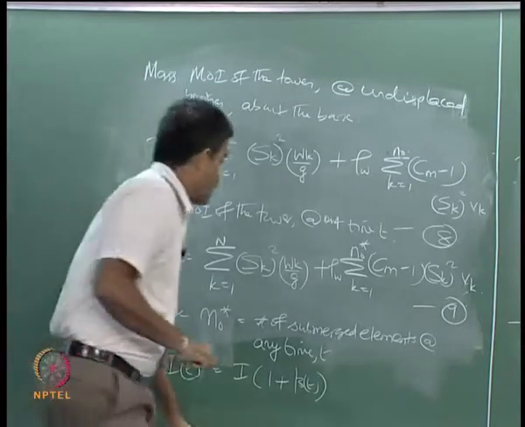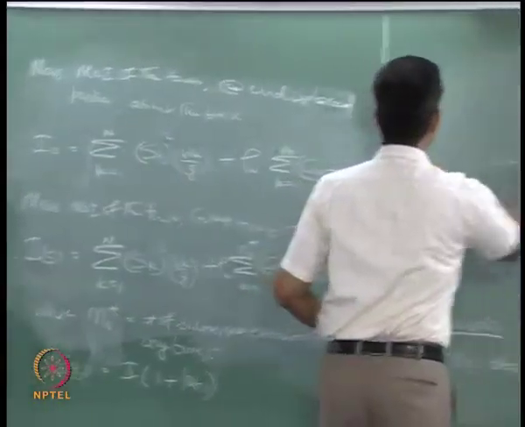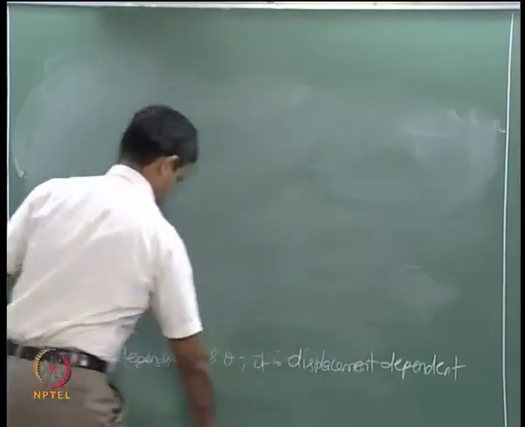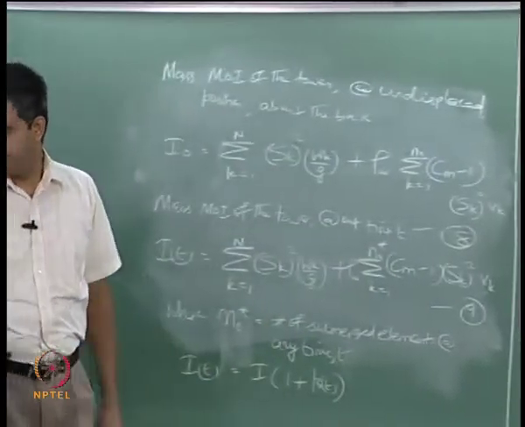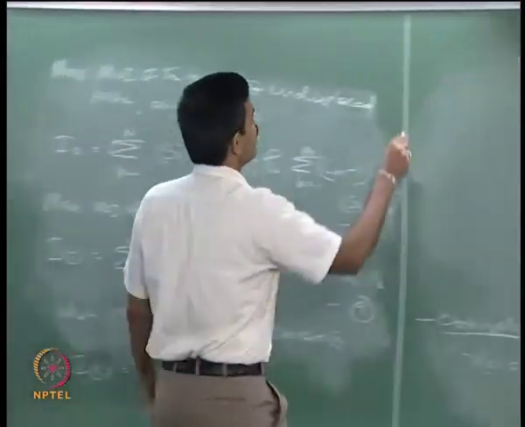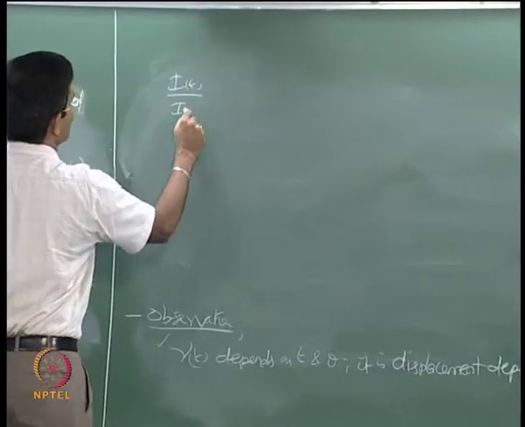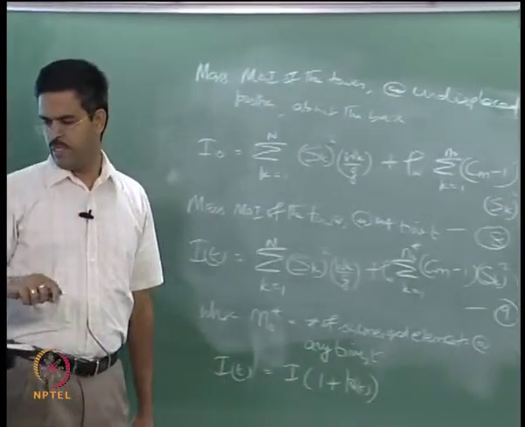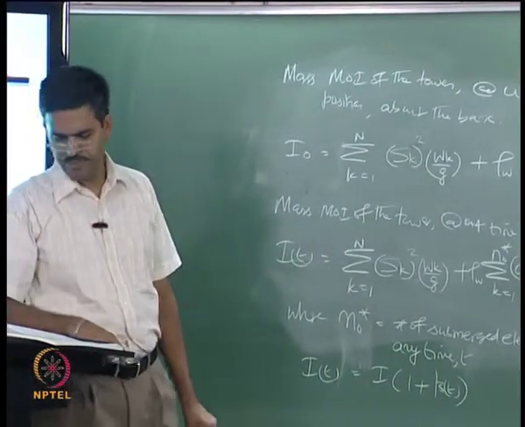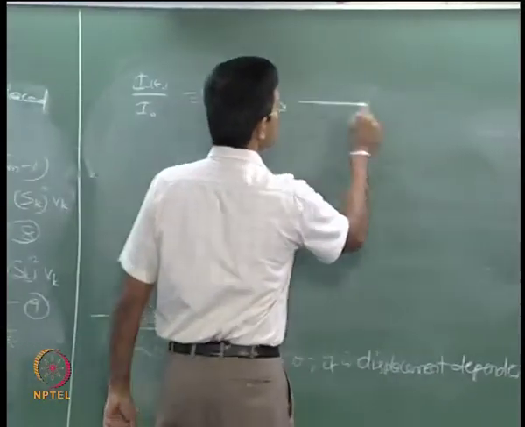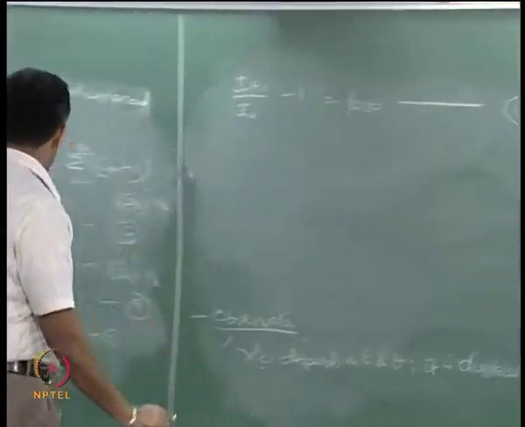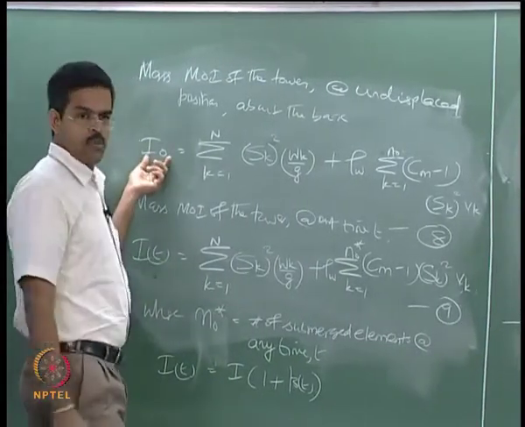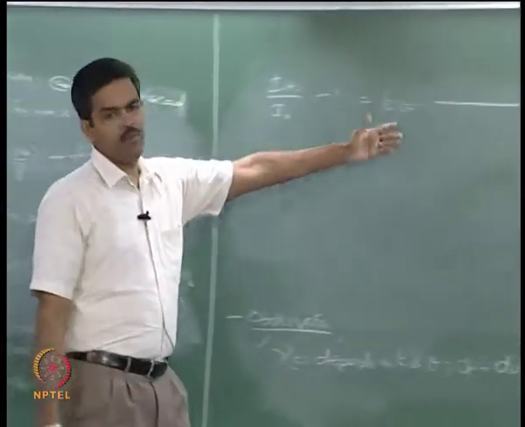So, from which I can find beta of t as I_T by I naught minus 1, equation number 10. I_T is the instantaneous moment of inertia about the base, whereas I naught is the undisplaced position. The ratio of this minus 1 will give me beta of t directly.